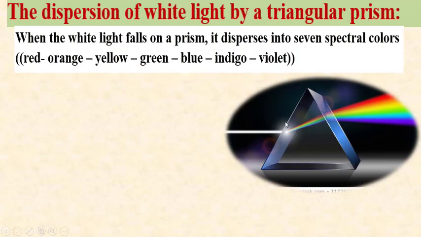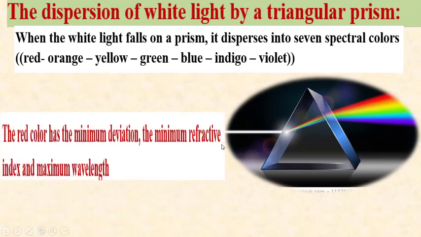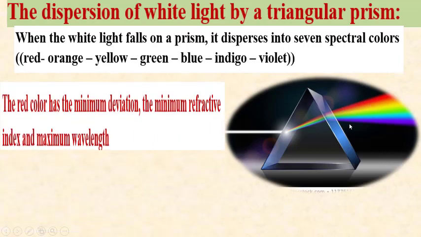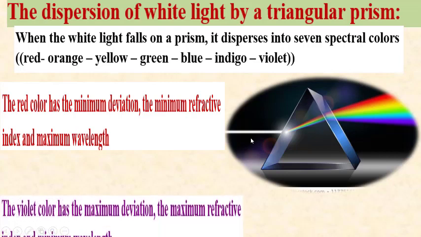Red is the first color, which has the lowest deviation as it has the lowest energy and the highest wavelength, highest lambda, while violet has the highest energy, so it has the highest deviation and the lowest wavelength.